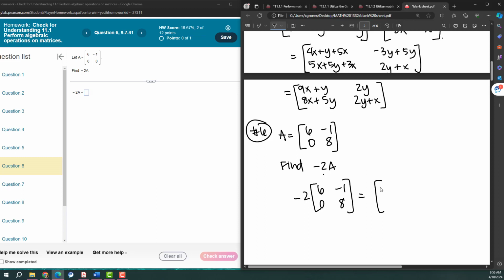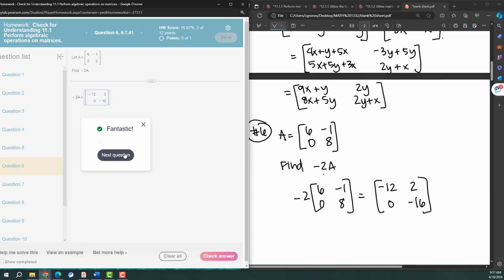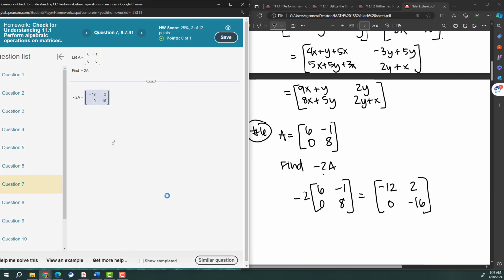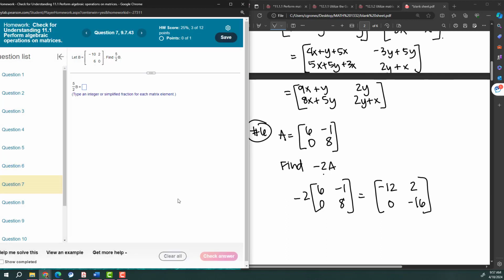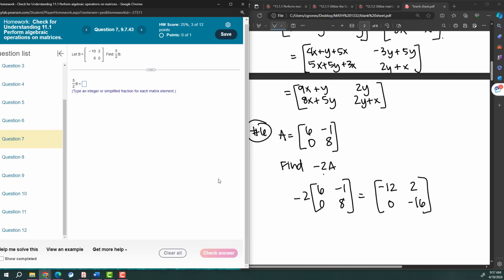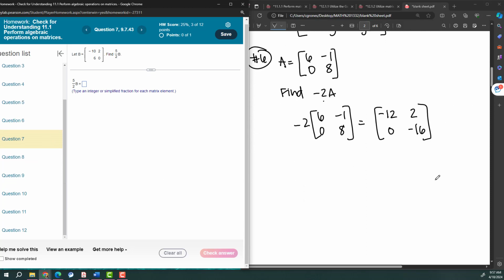So -2 times 6 gives us a -12. -2 times -1 is a +2. 0 stays the same, and then -2 times 8 is a -16. All right, and then we're going to do number 7 as well.